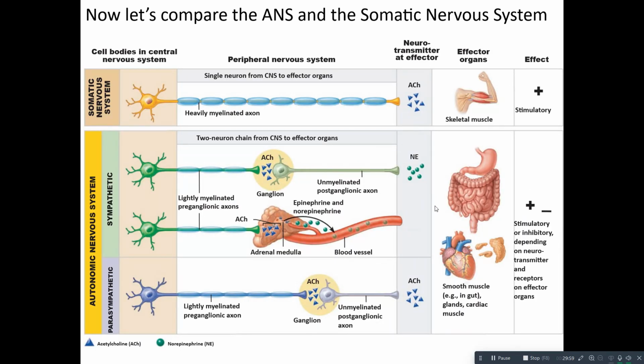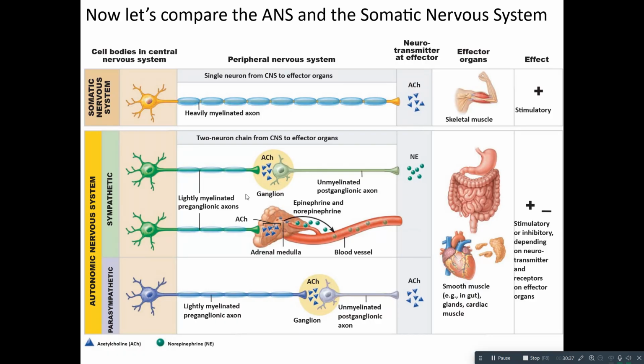All right, I want to end this lecture by talking about the autonomic versus the somatic nervous system. Remember, autonomic went to smooth muscle, cardiac muscle, and glands, and it could both stimulate or inhibit activity depending on what the situation was. Somatic always goes to skeletal muscle, always stimulatory, always makes it contract. Somatic always releases acetylcholine. Autonomic is either norepinephrine for sympathetic or acetylcholine for parasympathetic.